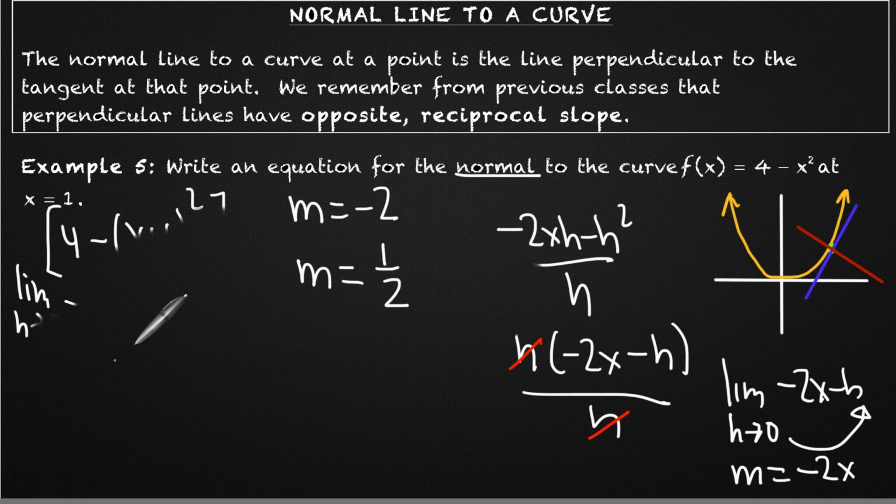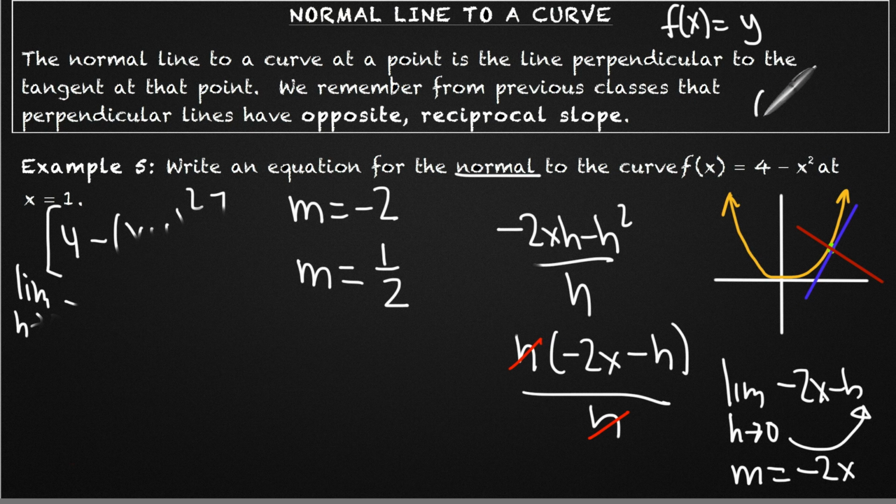So we have to plug in x equals 1 into the original function to get the y. So don't forget, guys, f of x is what you use to get the y value, and this new formula is what you use to get your slope. So let's plug in 1. We get 4 minus 1, which is 3.